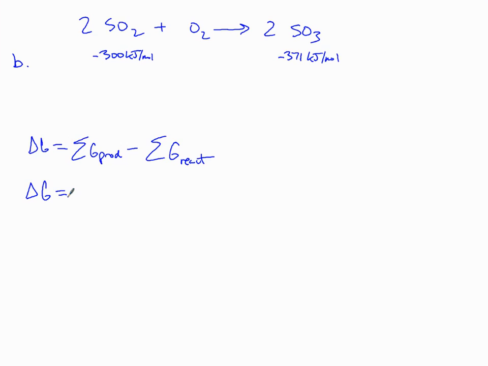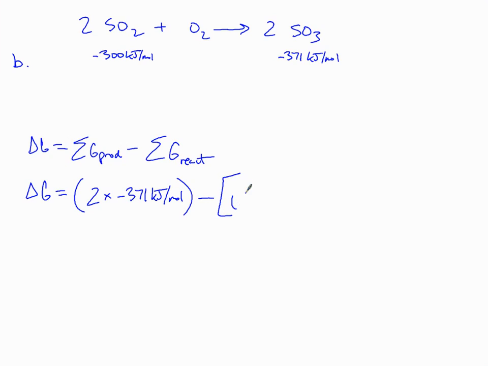So first off, the sum of all the products we have. There's negative 371, but we have to multiply it by its coefficient. So 2 times negative 371 kilojoules per mole. That's the SO3. Minus, and then all of the reactants.